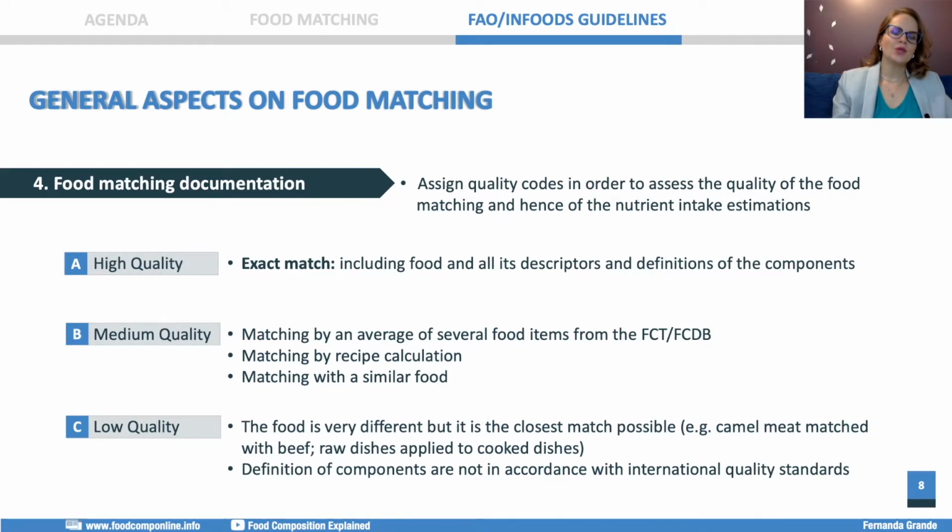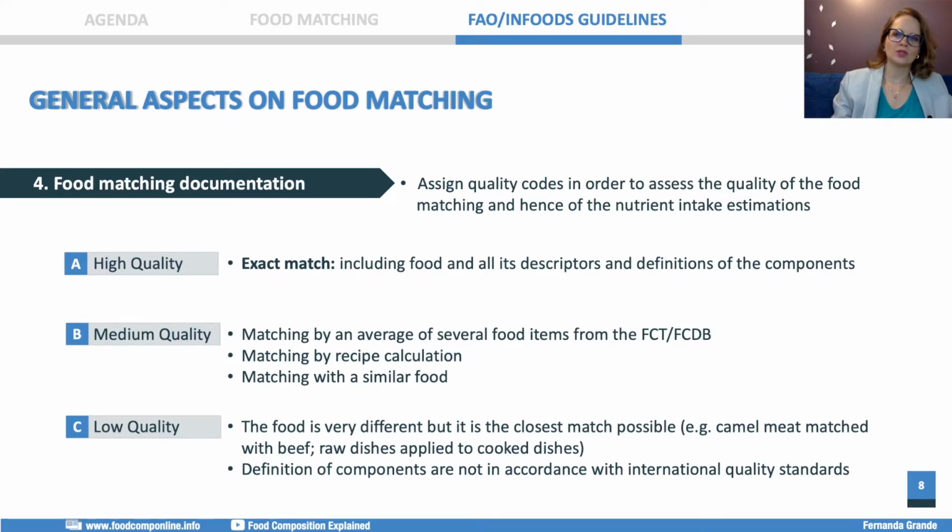And we can use the letter C for a low quality match. So when we, for example, have a food that is very different but is the closest match possible. So for example, if I have camel meat but in the food composition table I can find only beef, or if the definition of the components are not in accordance with the international quality standards.